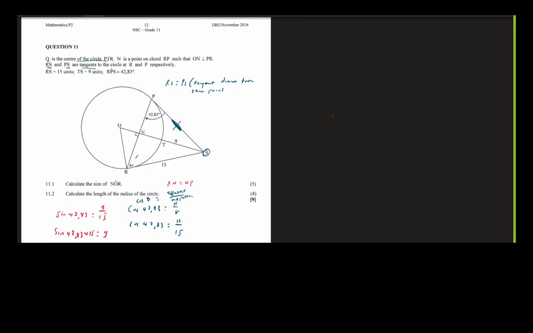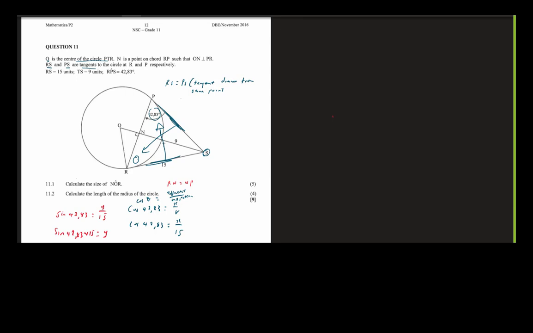Which angle is opposite to this side? Let me start with this side. It is 42,83. Which angle is opposite to this side? It is 42,83. So because these angles are opposite to two sides that are equal, even these angles are equal.